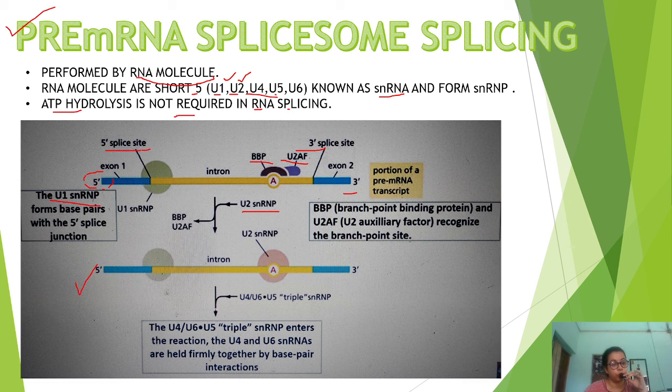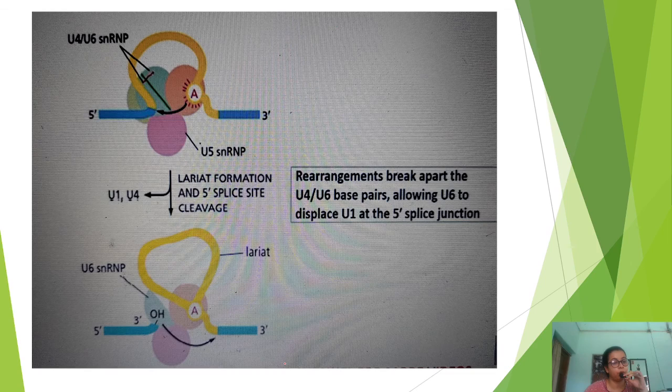U4, U6 and U5 are known as the triple snRNP, which enters the reaction. What happens, the U4 and U6 snRNAs are held firmly and base pairing is seen. There is strong bonding between U4 and U6, and their pairing will be seen.